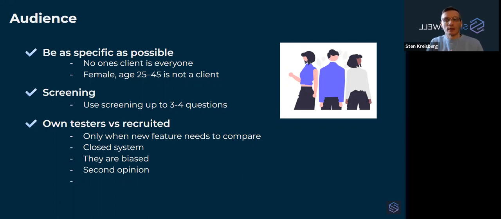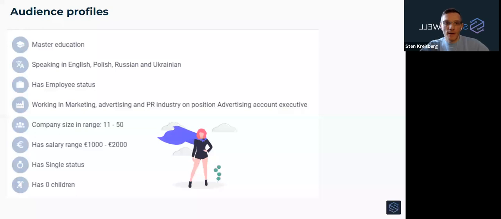If you want to understand how they overall understand your product, homepage or something else, use recruited testers. Recruited testers always have fresh eyes, so they understand maybe something totally different. They don't have the history behind them about your product, so it is always valuable to have a second opinion.